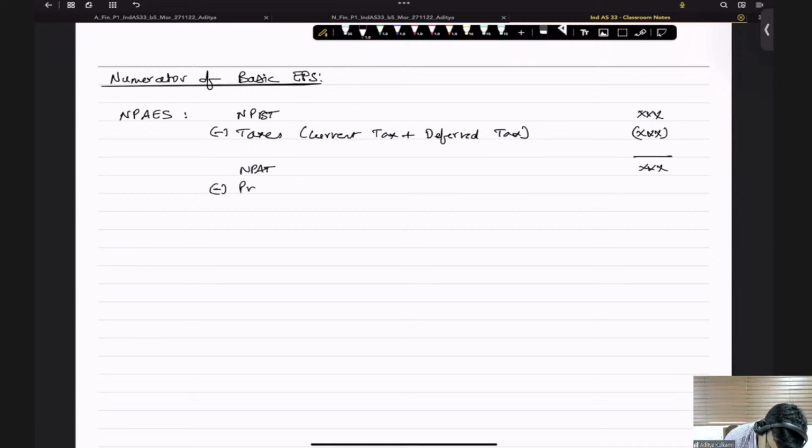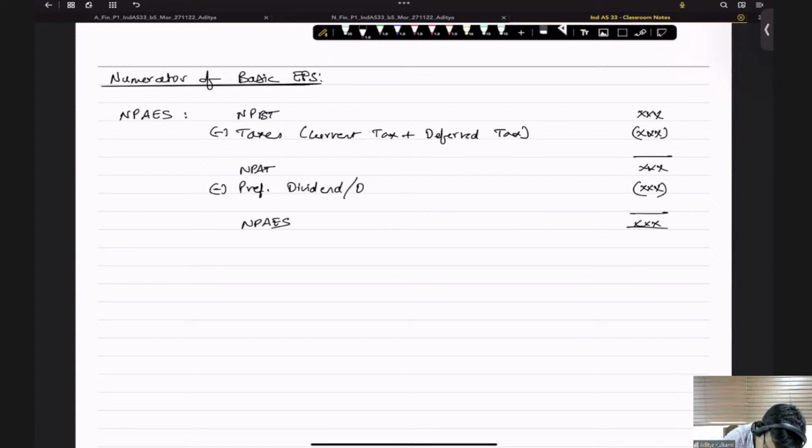Less preference dividend. That gives you net profit attributable to equity shareholders.